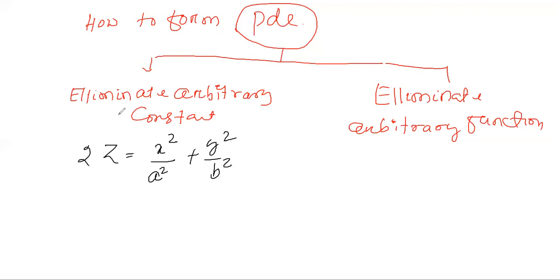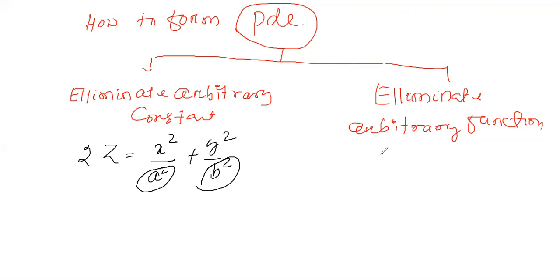This equation is to be formulated into PDE form by eliminating the arbitrary constants, that is a square and b square, the two arbitrary constants. We need to eliminate them and produce a partial differential equation, in the form of P or Q or R or S or T, any form.